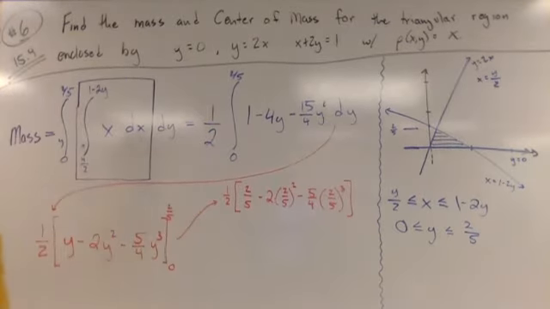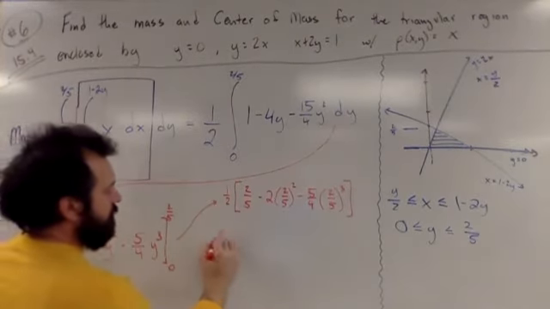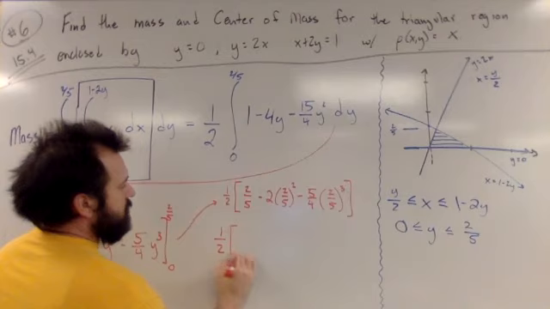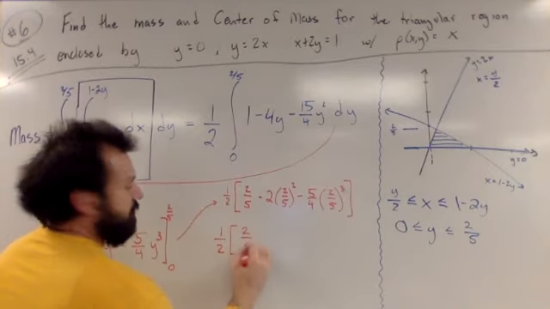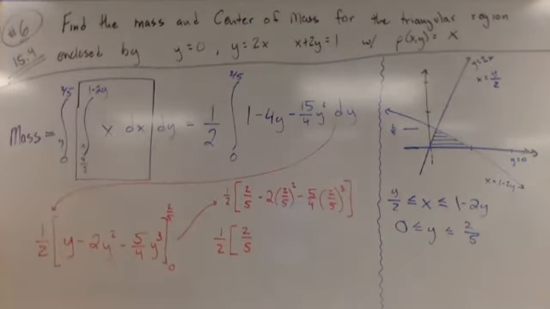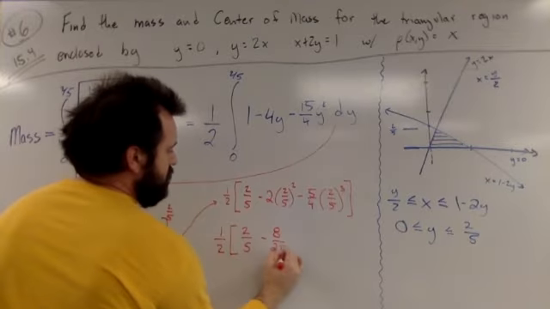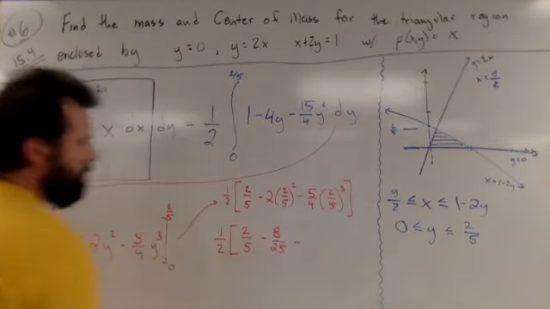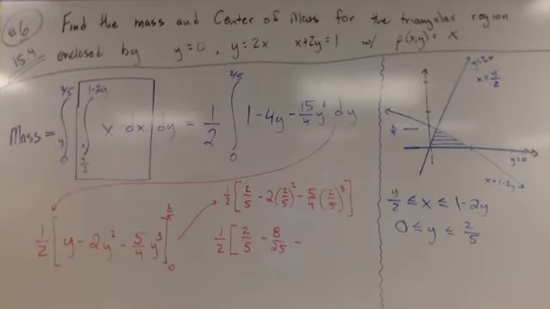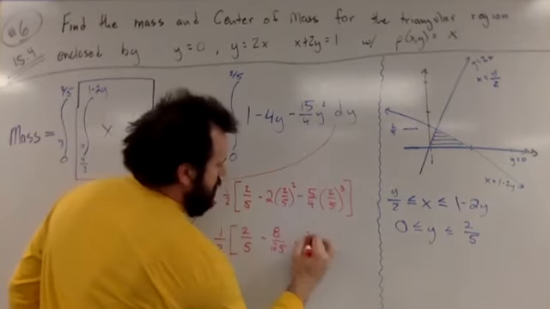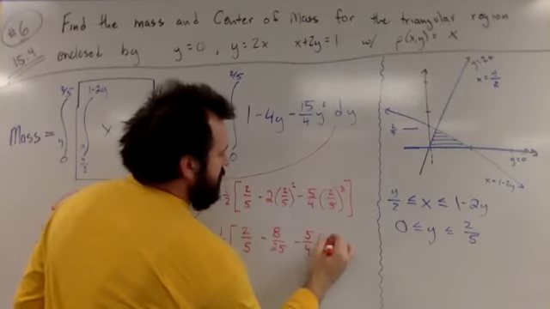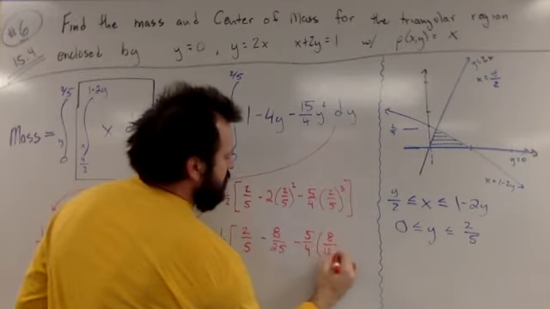Next I'm going to start simplifying these. So starting to simplify, I'm going to have 1/2 times, that gives me 2/5. I get minus 8/25 minus 5/4 times, that's 8 out of 125.